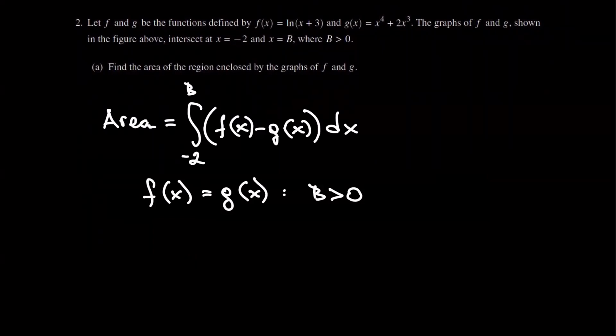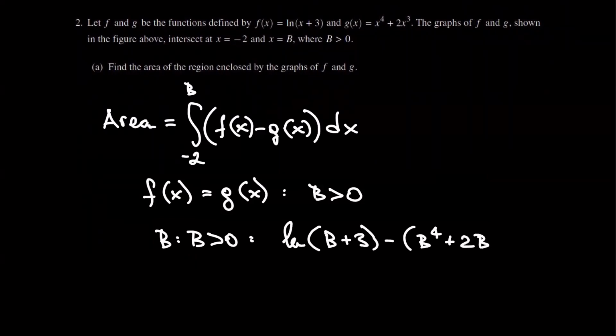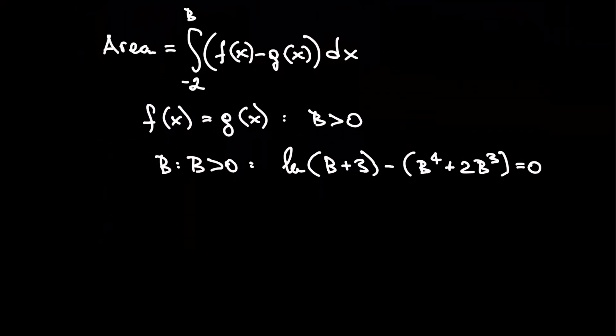So we need to find b greater than 0 such that ln of b plus 3 minus b to the fourth power plus 2b cubed equals 0. We can take out our calculators and find that b. But once we found this b, we need to calculate the integral as well.